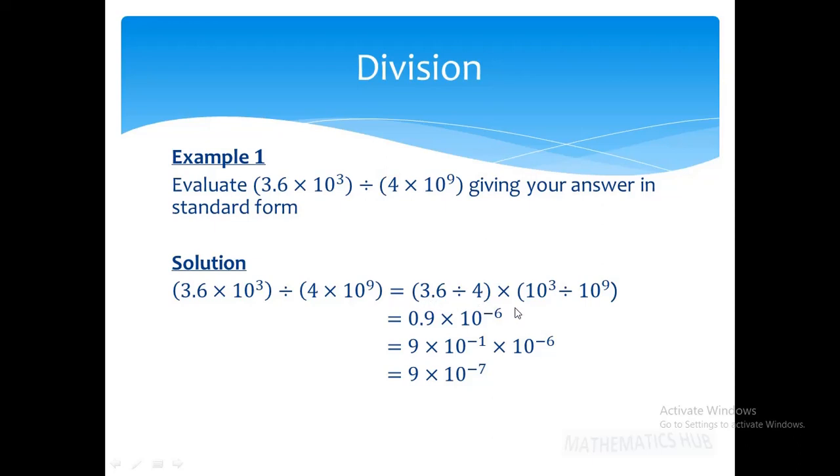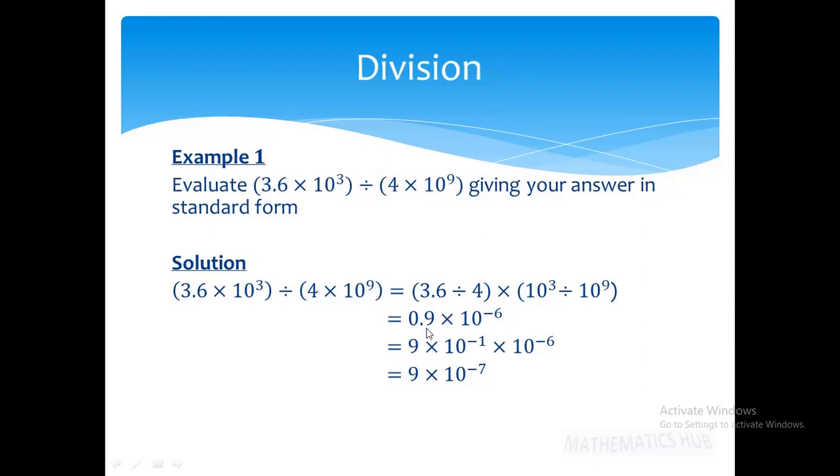When we say 10 to the power 3 divided by 10 to the power 9, we are subtracting the powers, and we get 10 to the power minus 6. And 3.6 divided by 4 gives 0.9. So our answer here is 0.9 times 10 to the power minus 6.